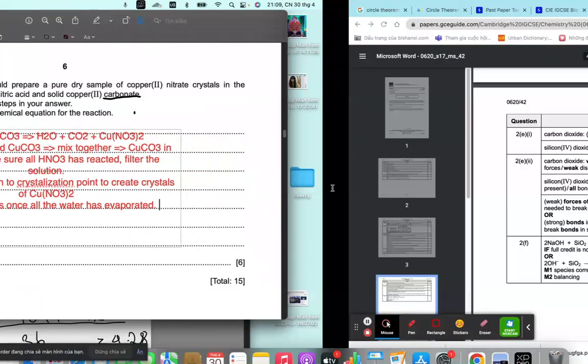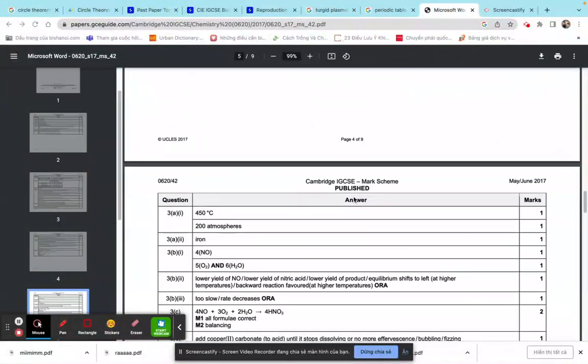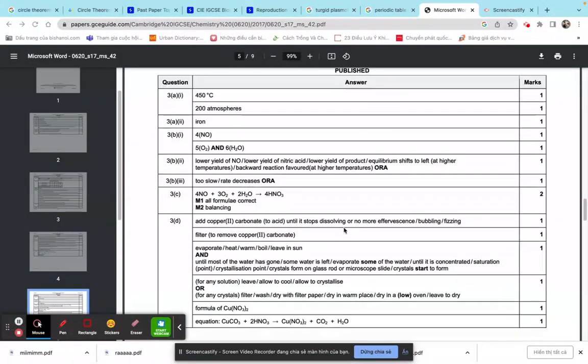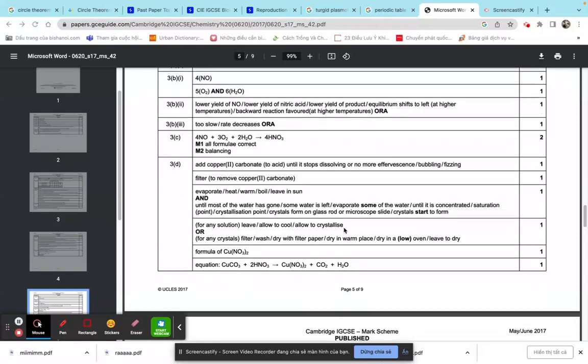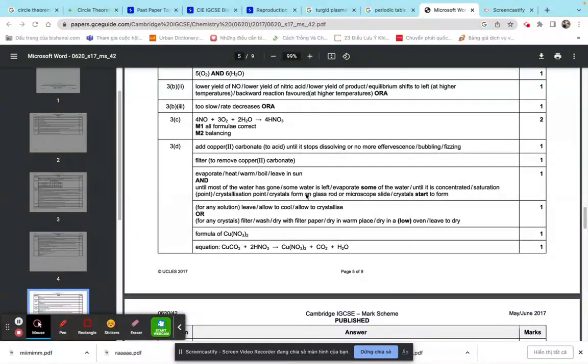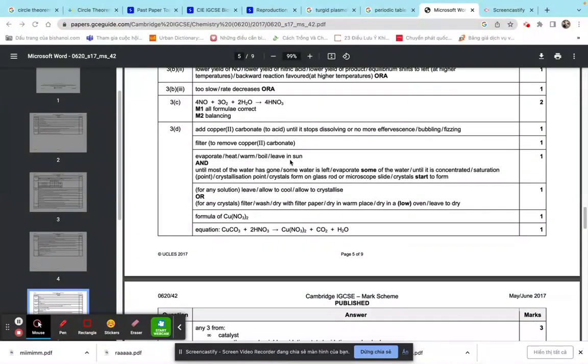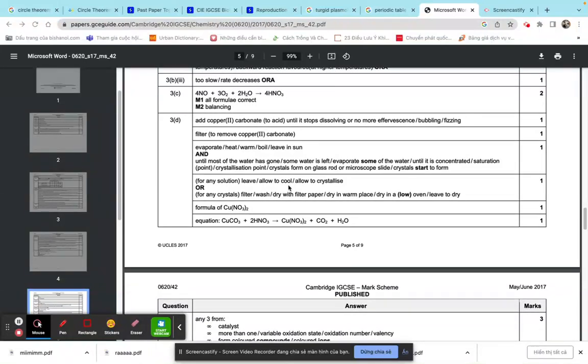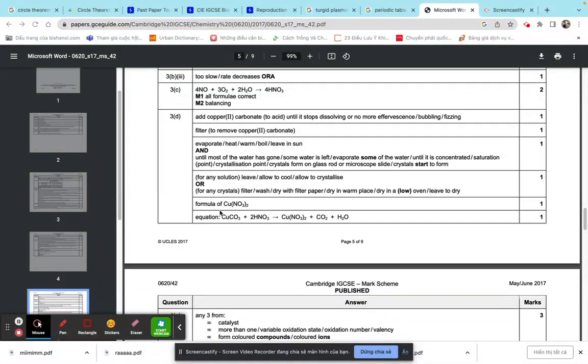Let's check the mark scheme. Add copper carbonate until it stops dissolving. Yes, we have that. We filter to remove the excess. Yes, we evaporate and heat until most of the water is gone. And we allow to cool, or we filter and we wash. And we also dry. Formula of copper nitrate here, and here's the equation.